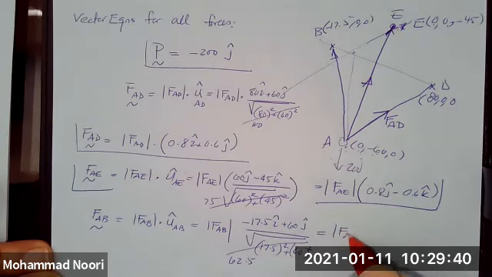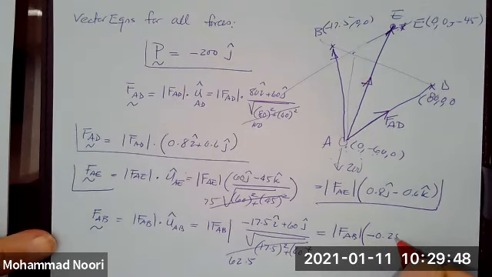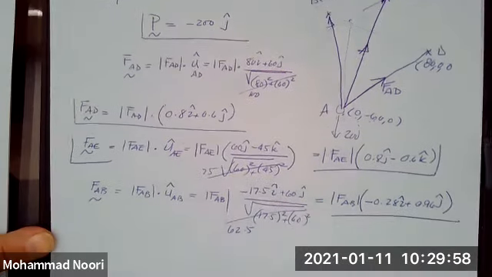If you simplify that, you get force of AB times negative 0.28 I plus 0.96 J.